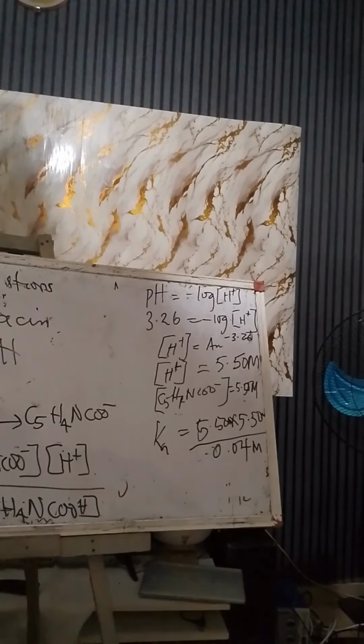Are you sure? So I'm going to press my own calculator to be sure. 5.50 times 10 to the power minus 4 times 5.50 times 10 to the power minus 4, divided by 0.04.